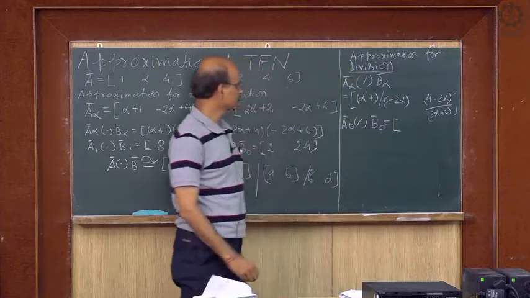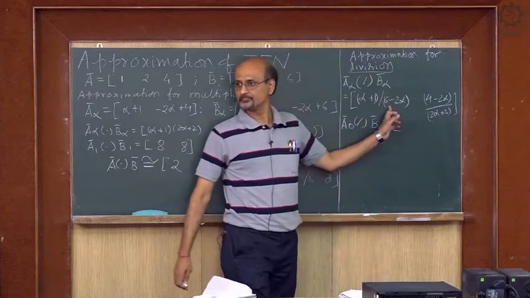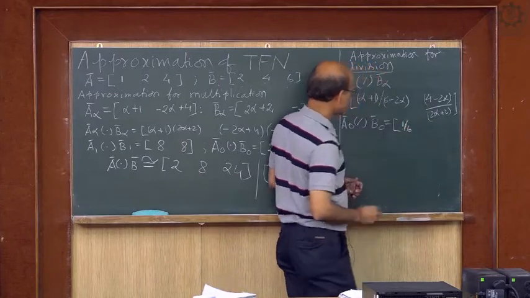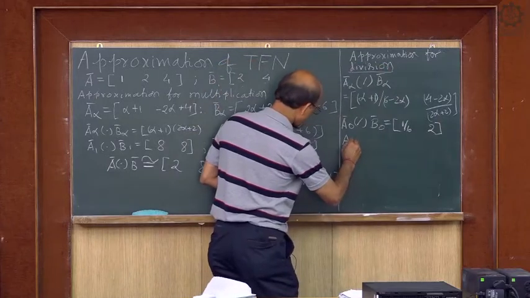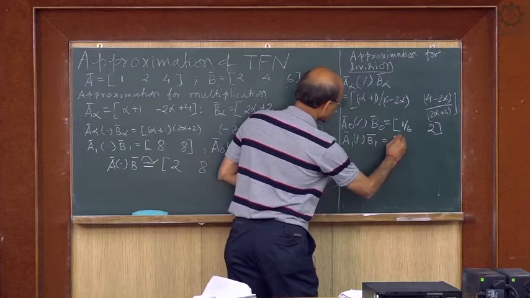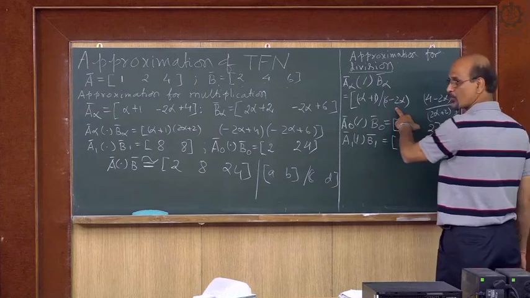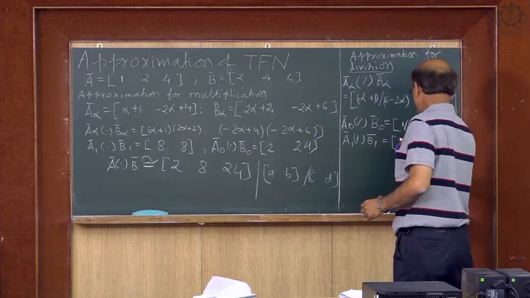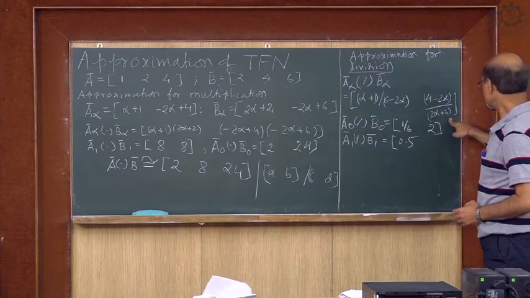So, what we will get? 1 by 6, 1 by 6, and this side, right side 2, and A1 divided by B1, what we will get? 2 by 0.5, I think, 0.5 or half. So, 0.5, this is also 0.5, 4 by 4.